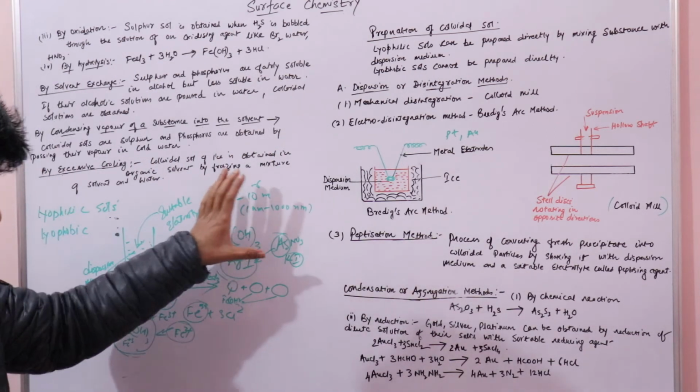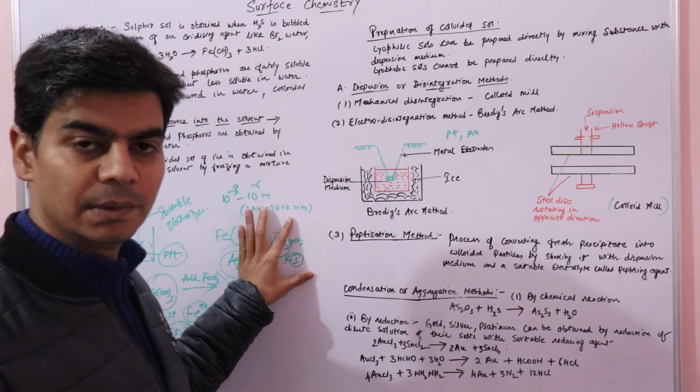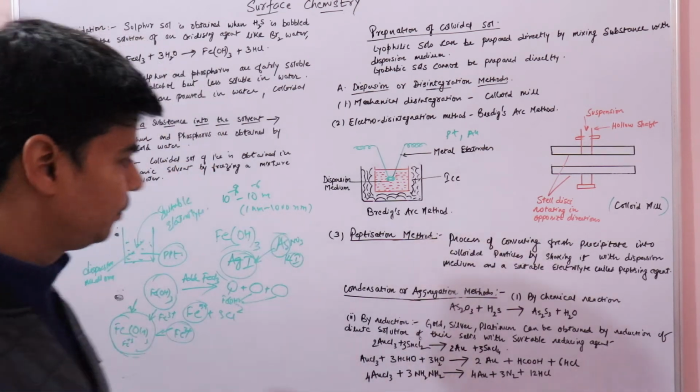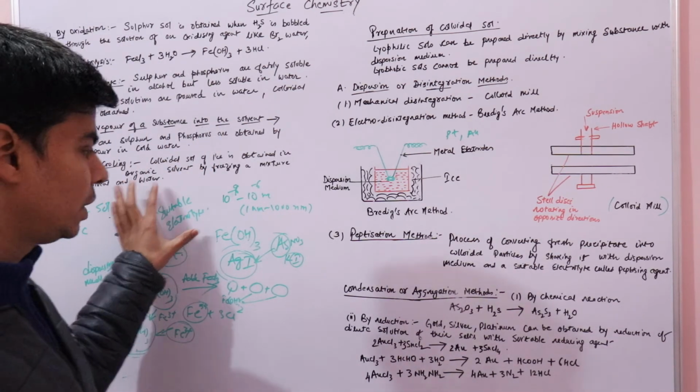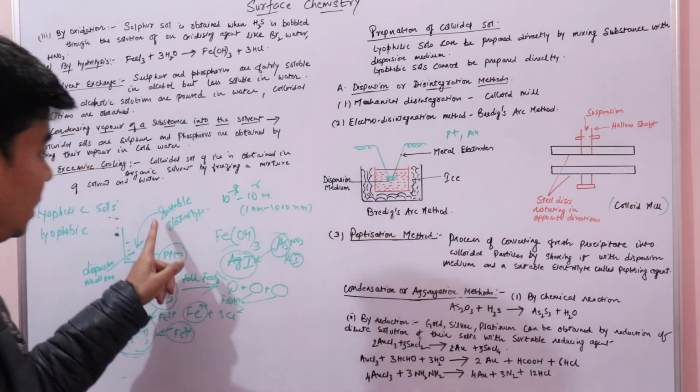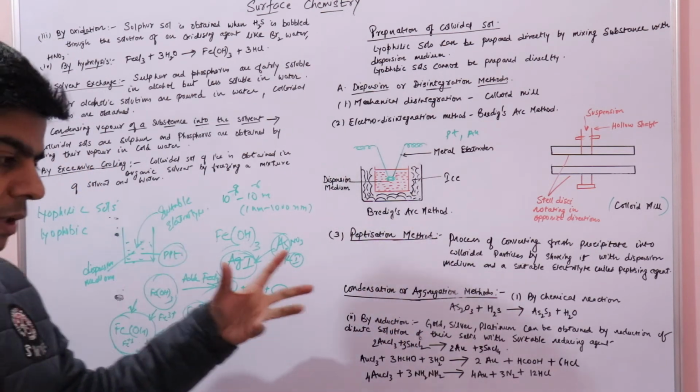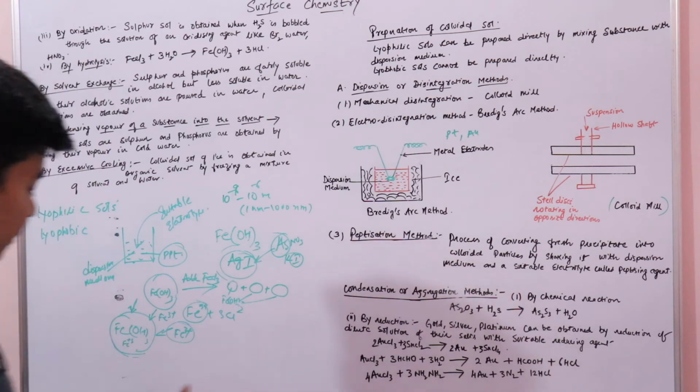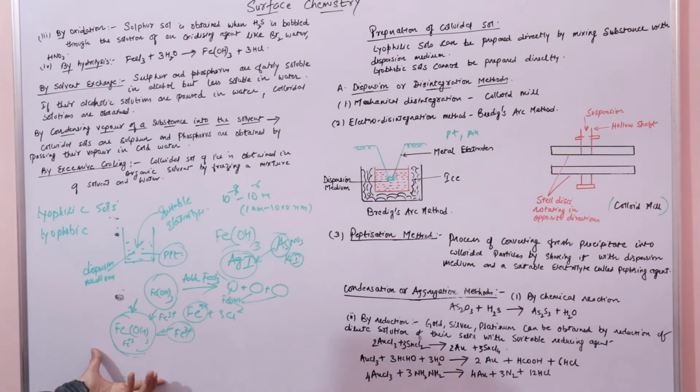So the electrolyte that we are adding, remember we call it a peptizing agent, right? So the suitable electrolyte is your peptizing agent, and by suitable we mean it should contain a common ion with that of your precipitate, right?